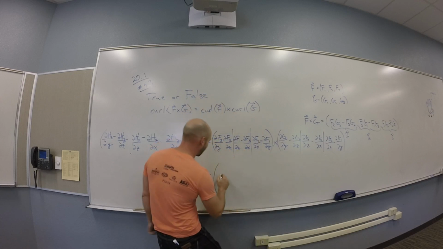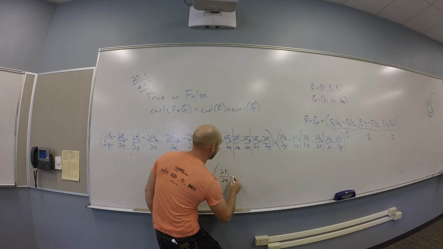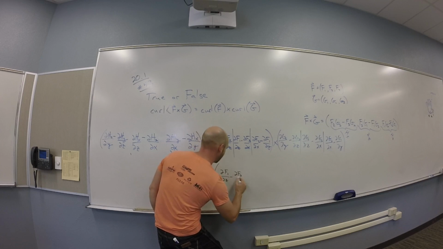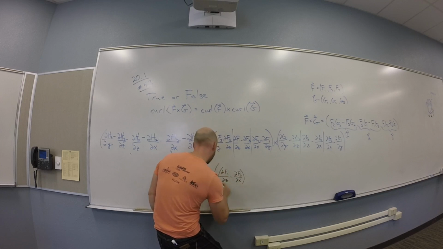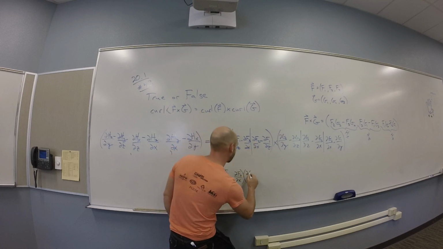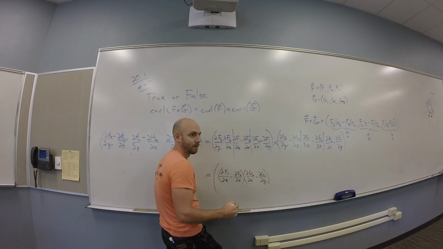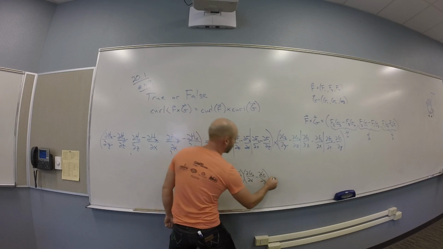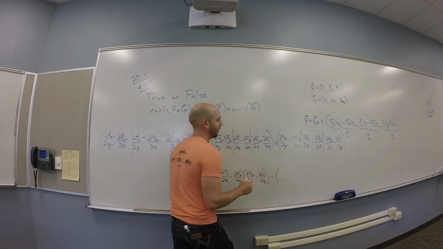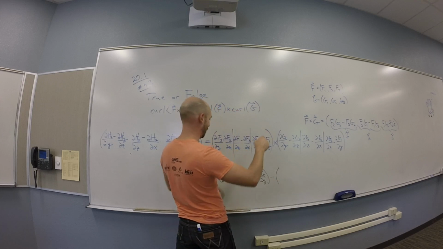So I got the partial of F1 with respect to Z minus the partial of F3 with respect to X, in parentheses, times the partial of G2 with respect to X minus the partial of G1 with respect to Y, right? And then minus, oh my lord.